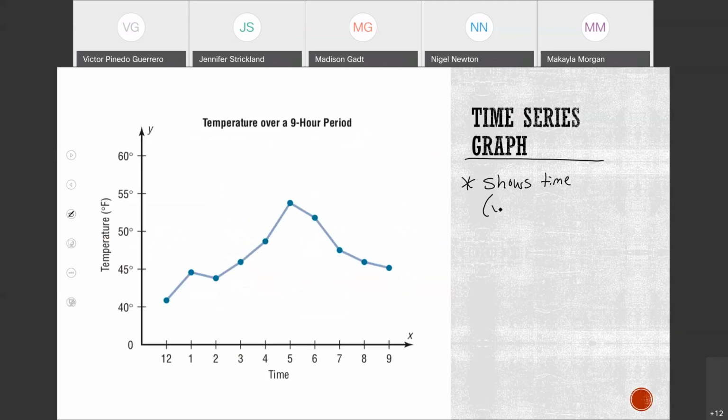That might mean years or months or hours, something like that is going to be displayed on the x-axis of the graph. So you should have some reference to time if you're going to use this graph.